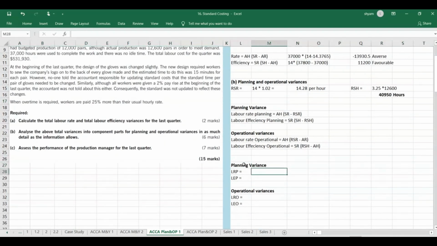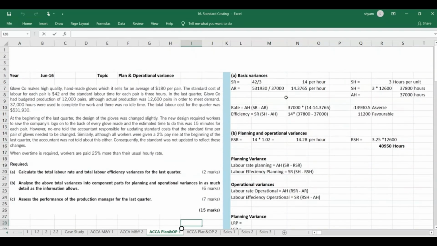So let's get the variance. Labor rate planning variances, actual hours. So we have to get all this information.